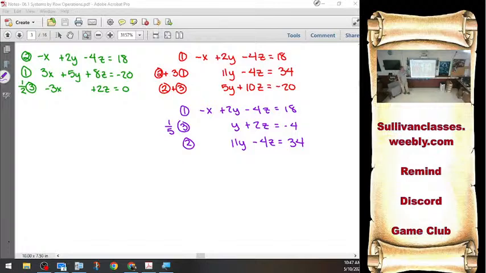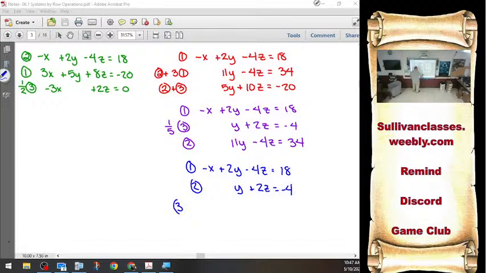Okay. Once I'm there, can y'all knock this out? I'm not going to touch equation 1. I'm not going to touch equation 2. But I am going to say equation 3 minus 11 equation 2's.